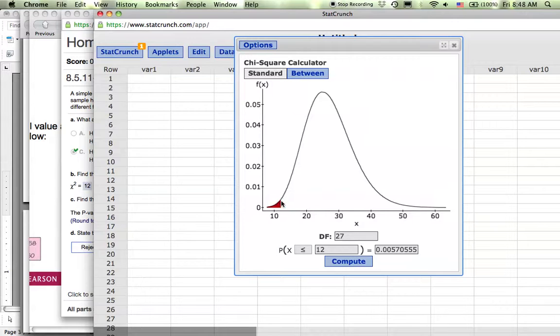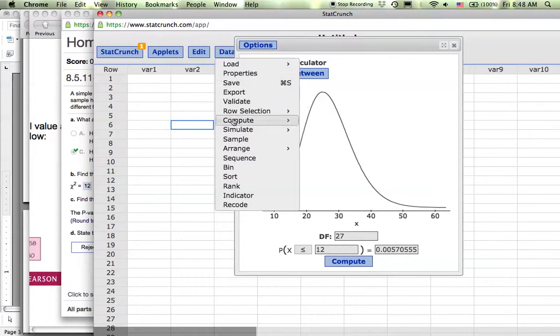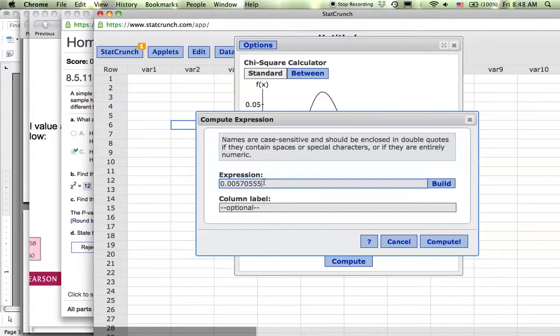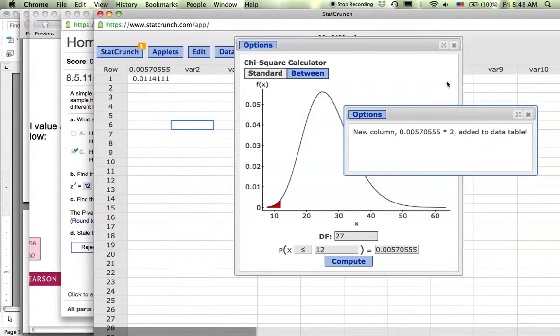But that's just one tail. You also need the area of the other tail, so you need this one times 2. That should be the p-value. So if you copy that and use your calculator or StatCrunch to calculate this one times 2, this new column will show you the p-value.